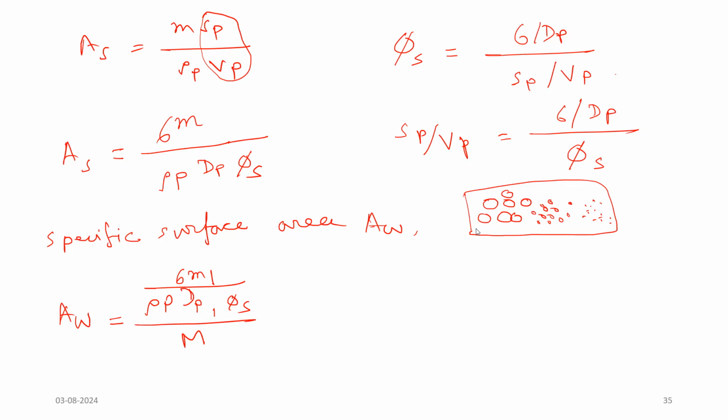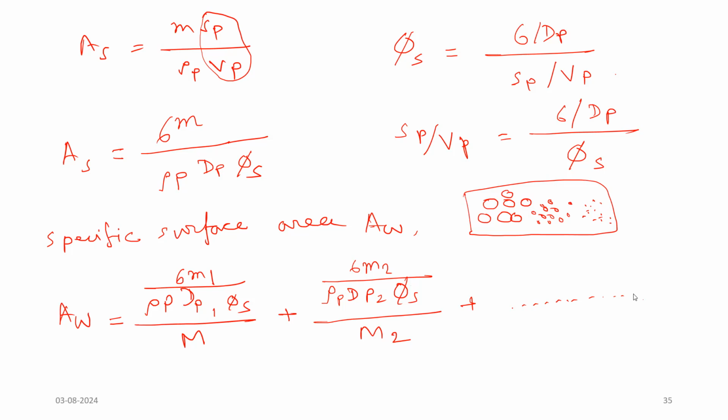Suppose m1 is the mass of the bigger particles, dp1 is the diameter of the bigger particles, and we divide this by the total mass of the system. Rho p and phi s will be the same because the density and sphericity of all the particles are the same, as we are using the same kind of particle. Similarly, the second one will be 6 m2 by rho p dp2 phi s, divided by m. And similarly, if there are n types of particles, the equation will continue.